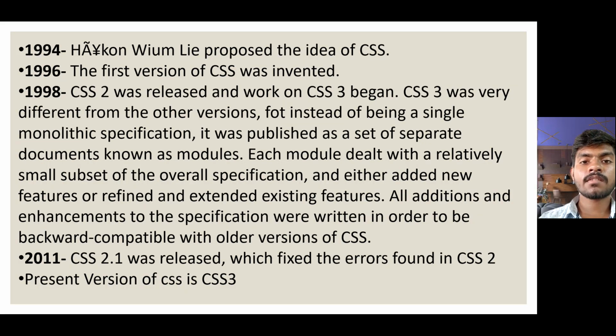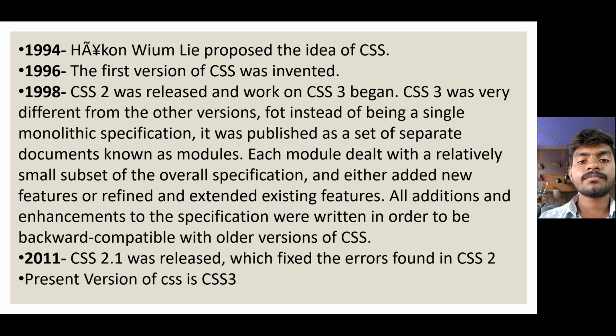The idea of CSS was proposed by Hakon in 1994 and the first version was released in 1996. The second version, CSS2, was released and work began on CSS3 in 1998. CSS3 was very different from the other versions. Instead of being a single monolithic specification, it was published as a set of separate documents known as modules.